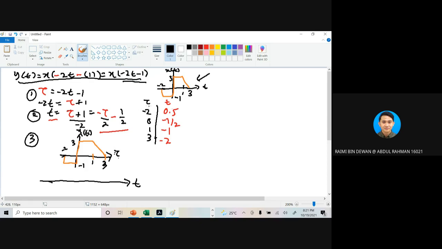So now you can see, right? For t negative 2, if your tau is negative 2, the mapping value of t is actually 0.5. So you have 0.5.